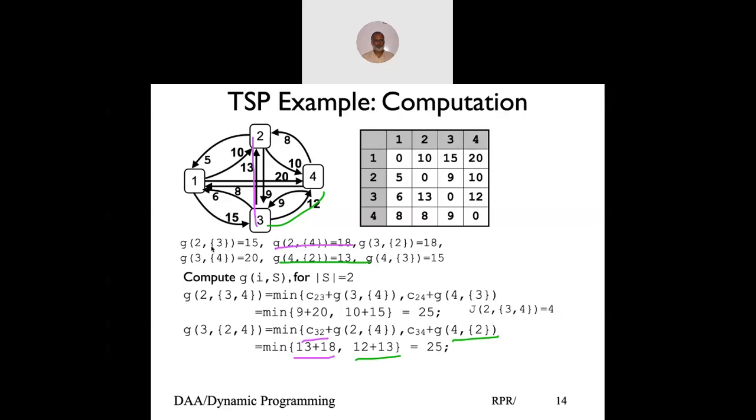That means my J happens to be 2 because 2 is the one that gives me the minimum. J(3, {2, 4}), this gives me 31, so this should be 2 and not 4. There's a mistake here.